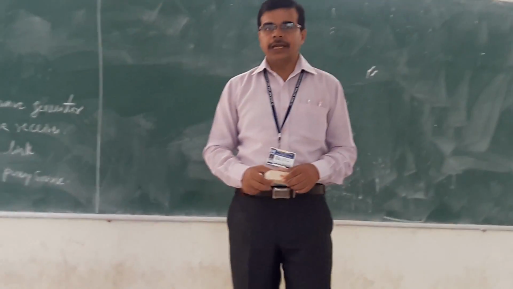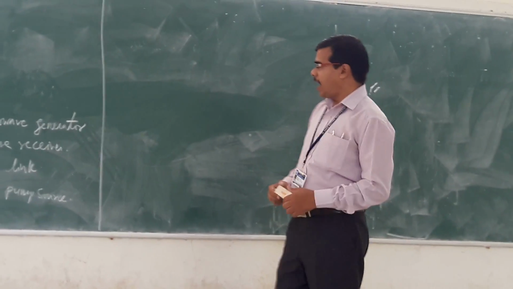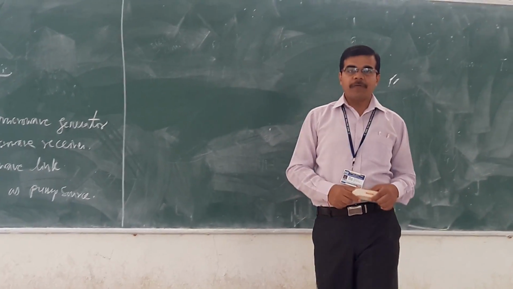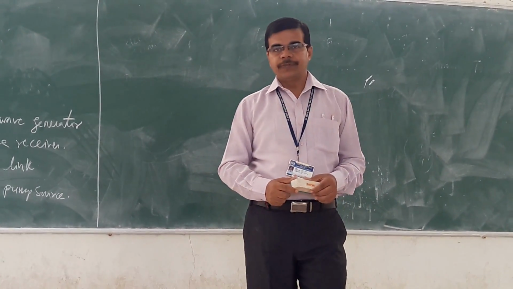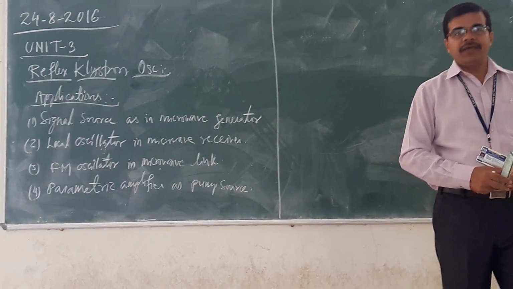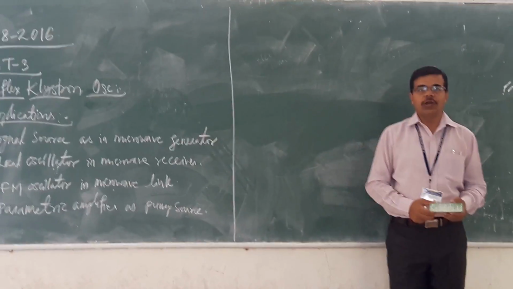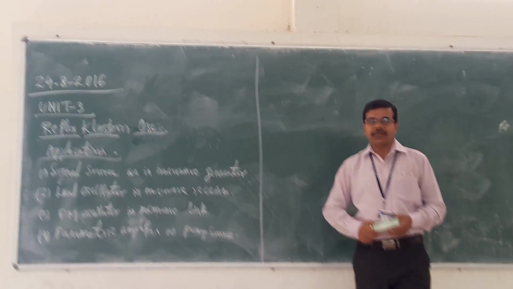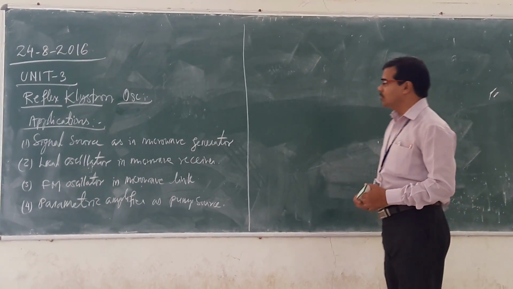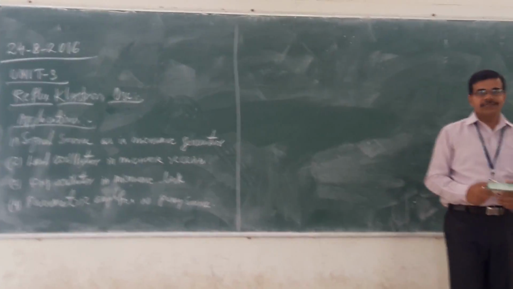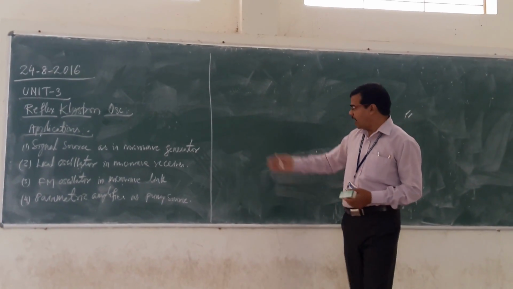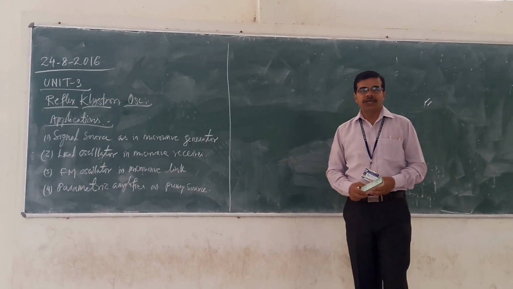Construction, operation, Applegate diagram, and we have seen the performance characteristics also. Then you are having the applications. So what are the different applications of your Reflex Klystron Oscillator? Some of the applications are, we can use your Reflex Klystron Oscillator as a signal source, as in the case of a microwave generator.